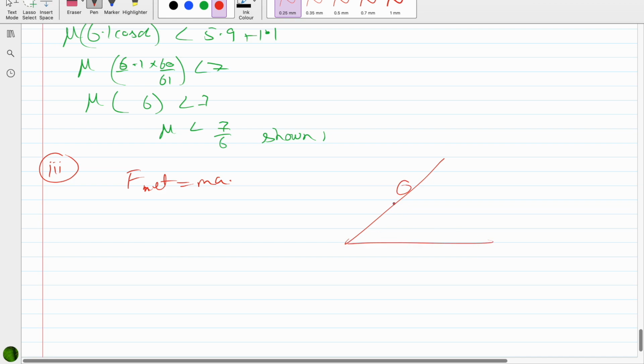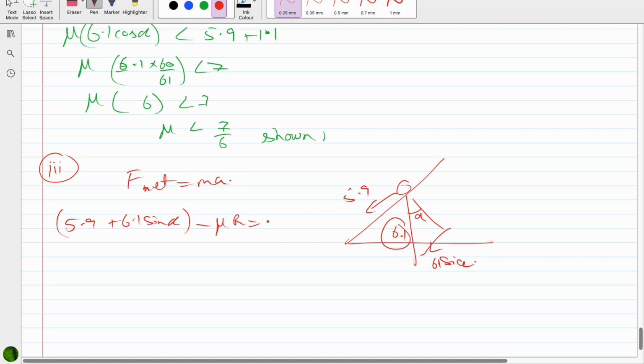So we know the forward force is the applied force, which is 5.9, and the component of weight is also helping it. This is alpha, and the weight was 6.1, so 6.1 sine alpha. These are the forward forces, and the reverse force is the friction, which is mu R, equals ma.